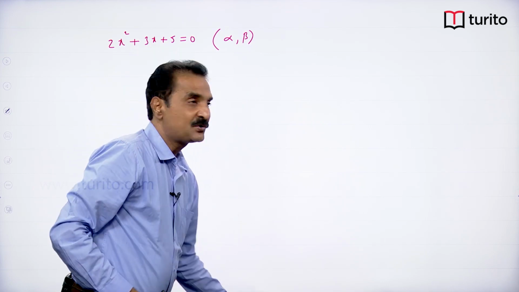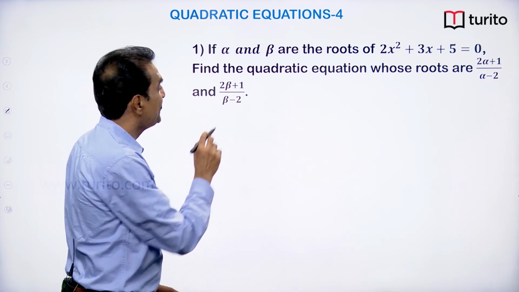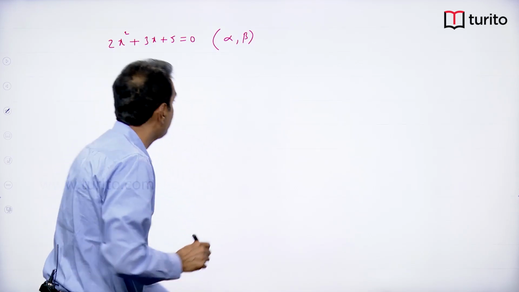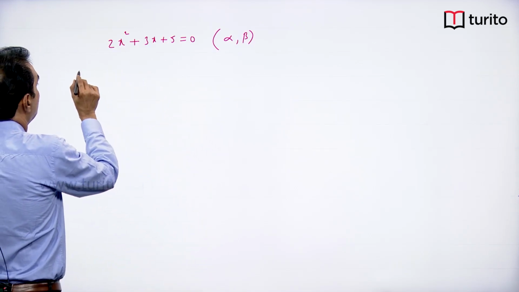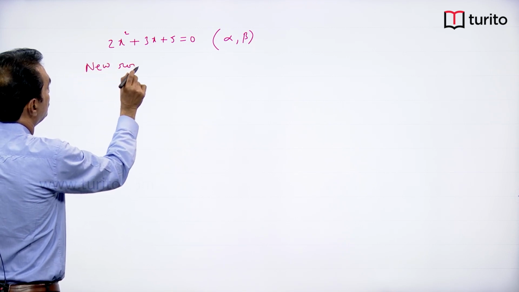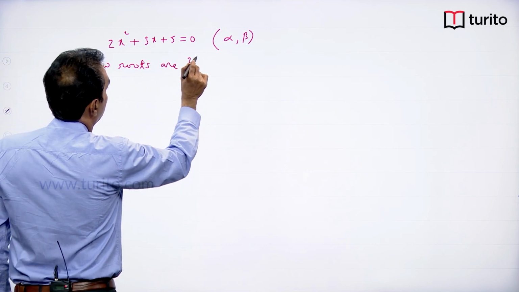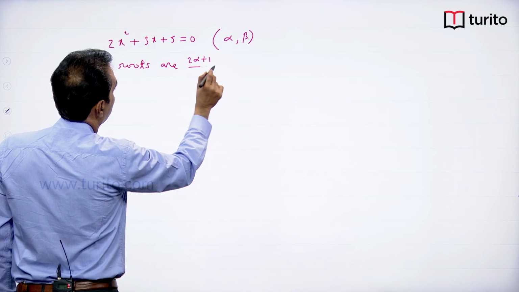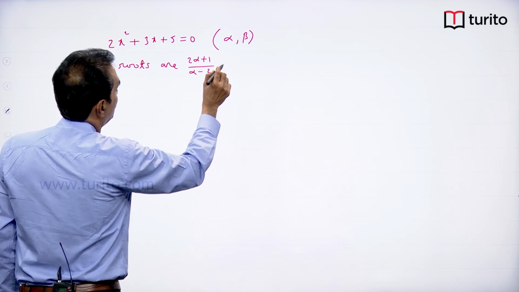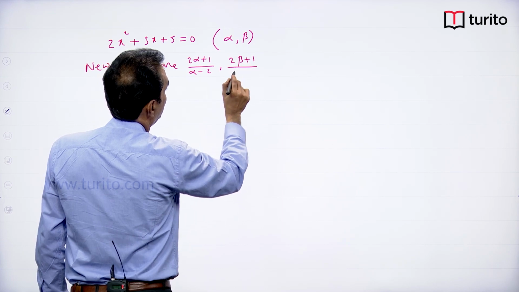Now, new roots are what? 2 alpha plus 1 by alpha minus 2, 2 beta plus 1 by beta minus 2.